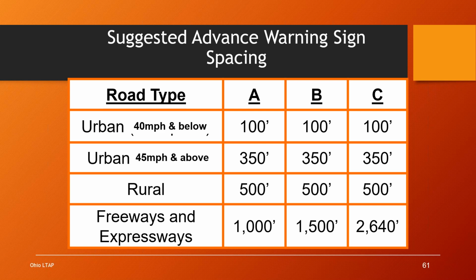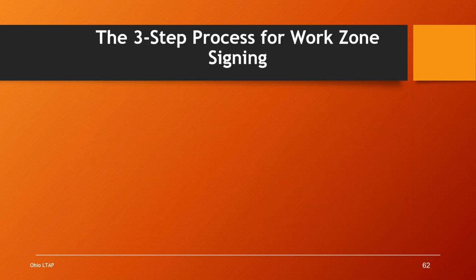Then on urban roadways that are 45 and higher, the signs would be 350 feet apart. When you get up to the freeways and expressways and freeway lookalikes, the A, B, and C have different values: 1,000 feet, 1,500 feet, and half a mile, 2,640 feet. So that's how we determine our sign spacing.